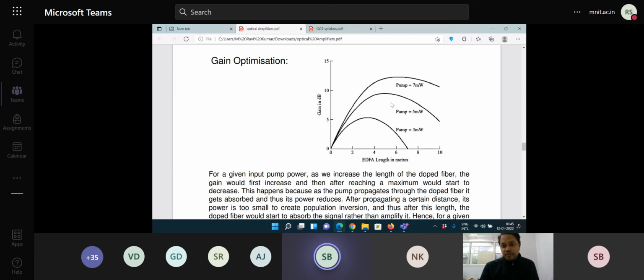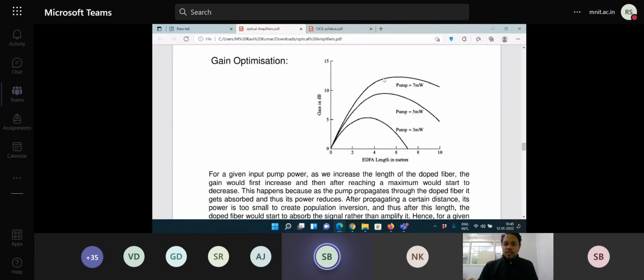Now, if the pump power is increased, then the gain is close to 10 dB. For 5 milliwatt pump power, it is close to 10 dB at a length of about 5 meters. As you increase the length of the fiber, the gain falls again.